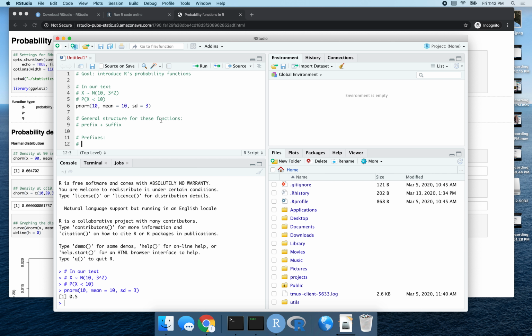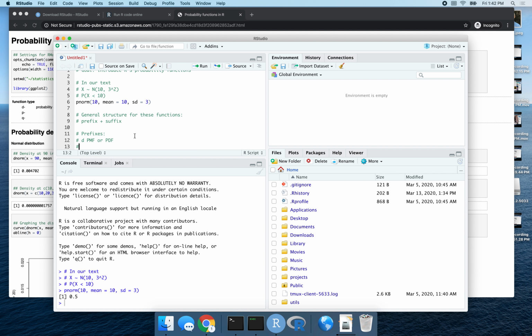Here the prefix was P, but the other prefix we could have is D. This is for the PMF, probability mass function, or for the PDF, the probability density function. The other prefix we just used is P. That was for the CDF, the cumulative distribution function.